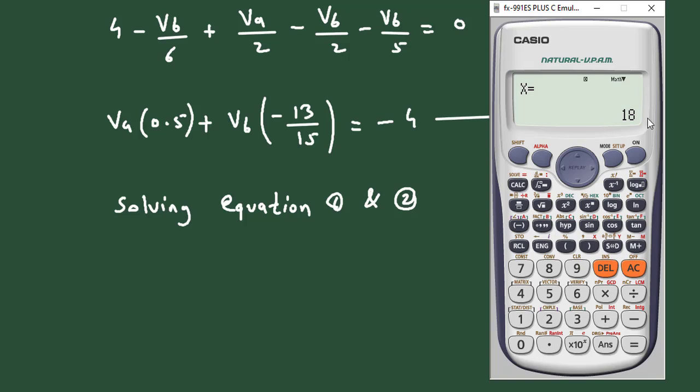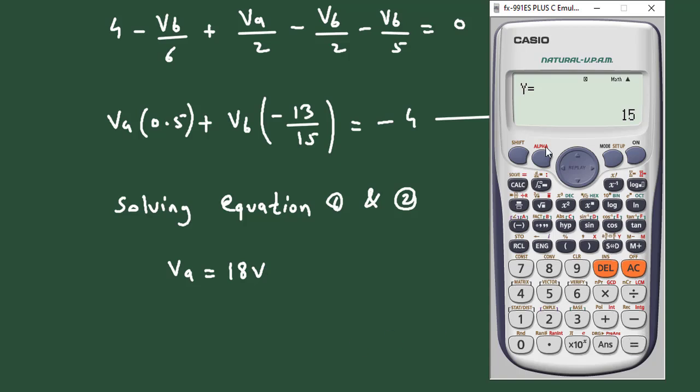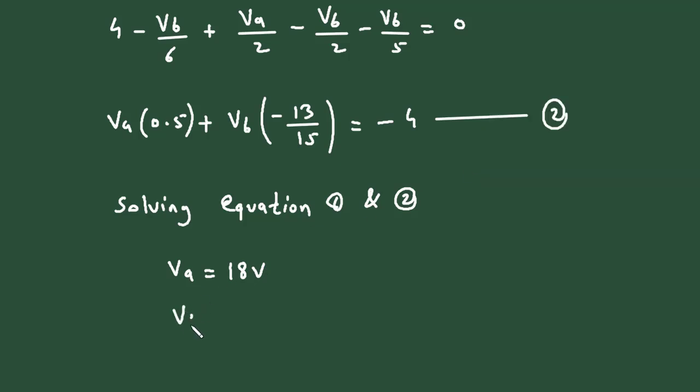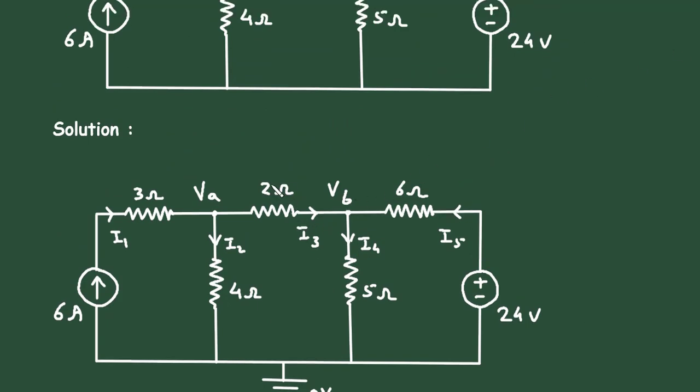So therefore VA is equal to 18 volt and VB is equal to 15 volt.